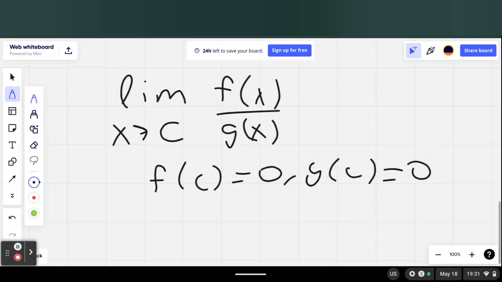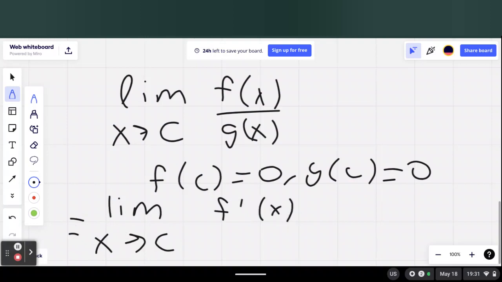Then this is also equal to the limit as x approaches c of the derivative of f of x over the derivative of g of x, that's how the prime notation works. So this is the general form of L'Hopital's rule.